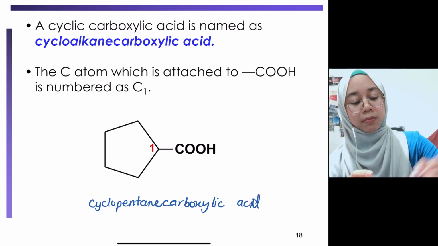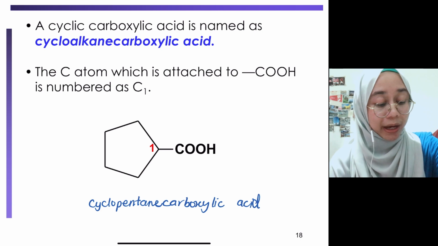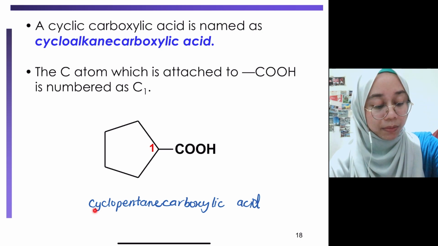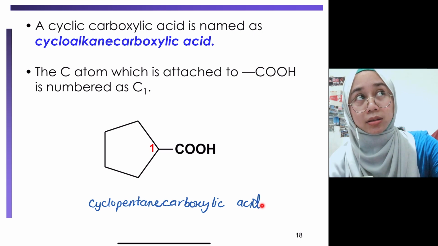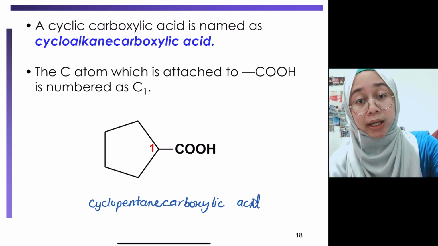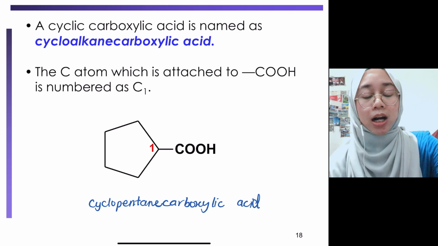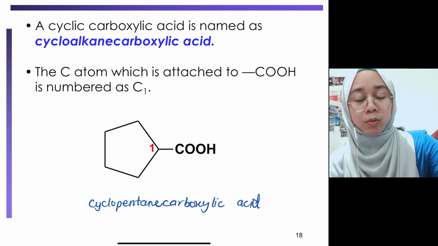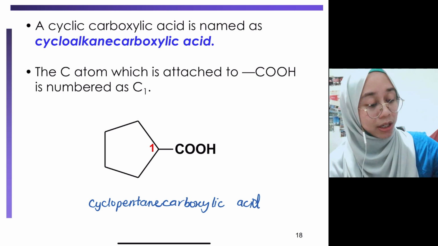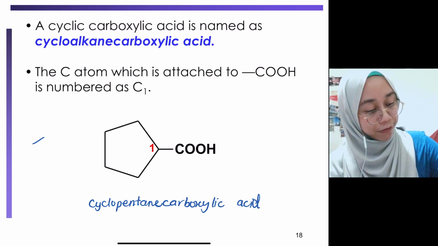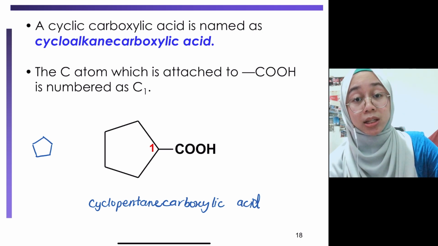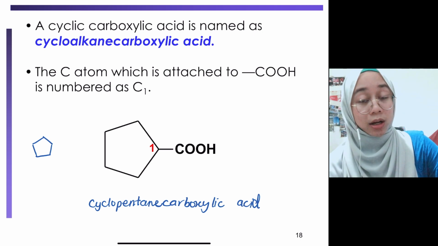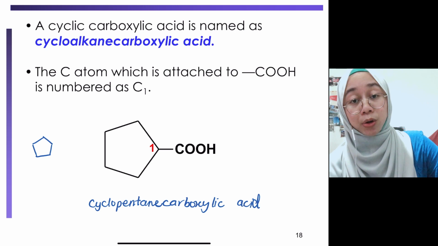Okay, kenapa dia kena cyclopentane? Kan? Kenapa kena cyclopentane carboxylic acid? Kenapa tak boleh cyclopentanoic acid? No, tak boleh. Kalau cyclopentanoic acid, bermaksud ada berapa banyak je carbon? Ada 5 je carbon. Okay, so kalau ada 5 carbon, so imagine you have 5 carbon. Okay, and then you said that this is carboxylic acid. Okay, so you know that carboxylic acid kena ada C double bond O, OH.